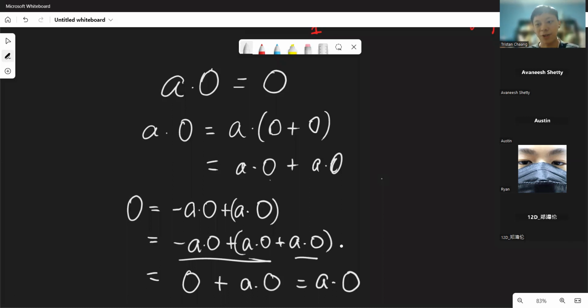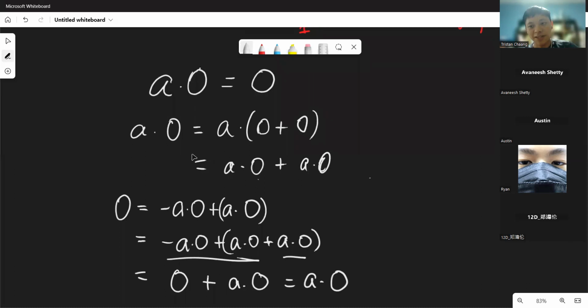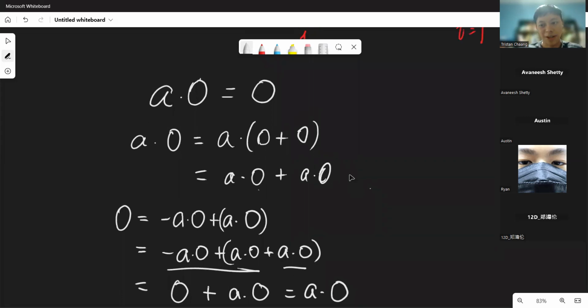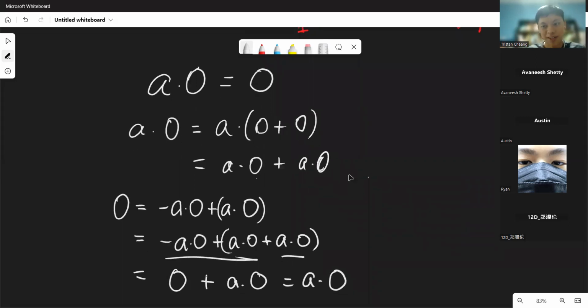That's if you don't like the way of adding inverses on both sides, but which is actually legit. You can just add anything on both sides. It's a shortcut way of saying what equality is. If you apply the same action to two things that are the same, you get the same thing.